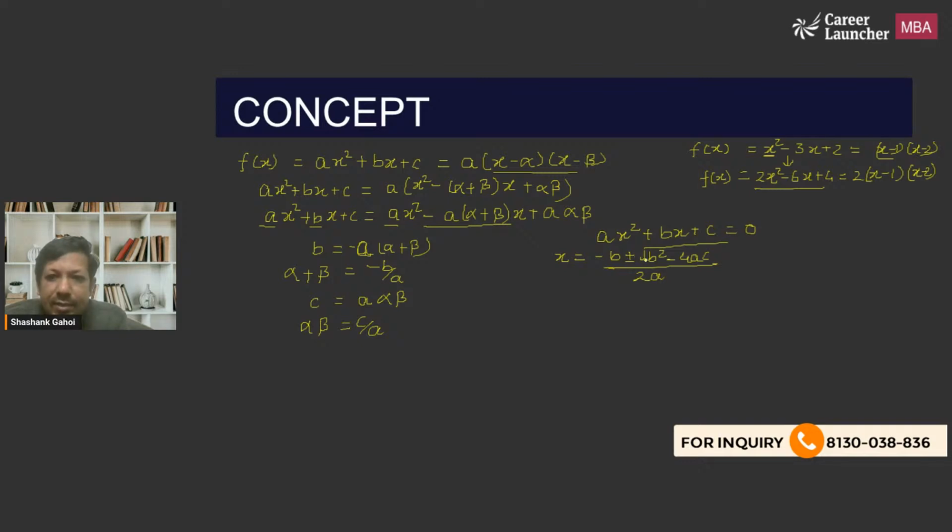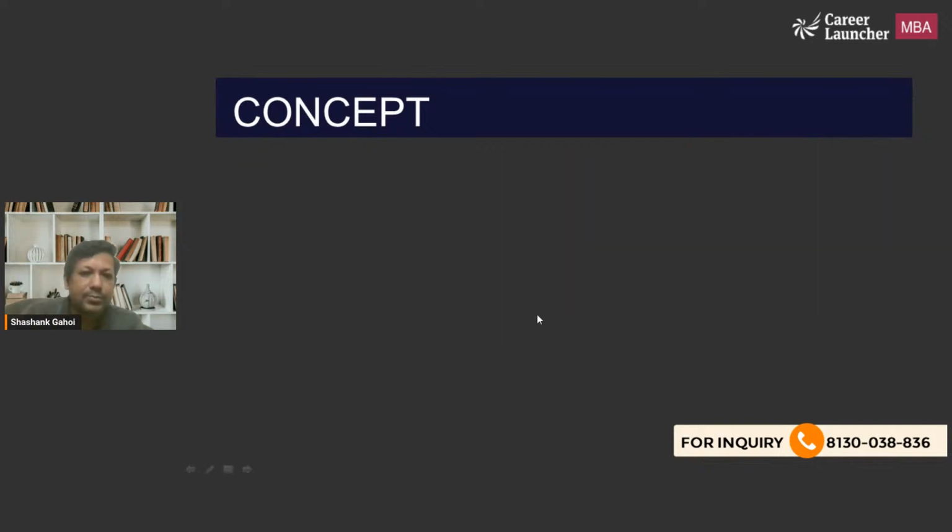But if you see this value, that is b square minus 4ac, it lies inside a square root. Let's give it a name. Let's call it d. So d is equal to b square minus 4ac. Okay, so basically what I am going to see here. So I am going to choose the next page, and we are going to say that b square minus 4ac is equal to d, and it is in the square root, right?